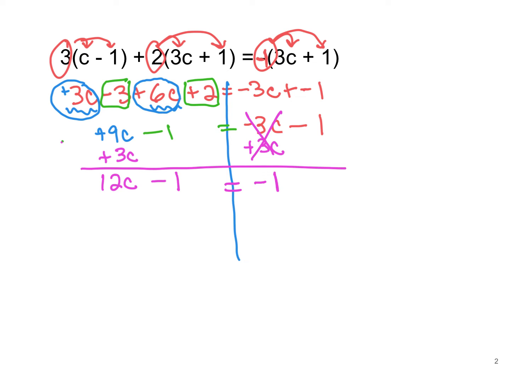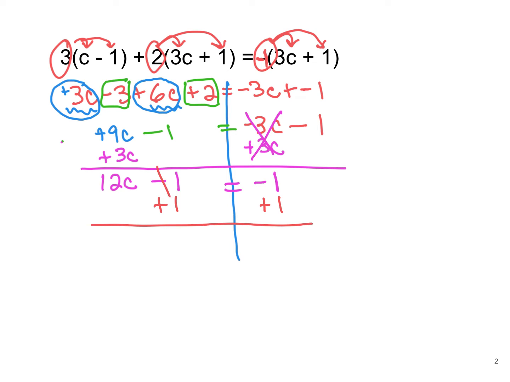So now, again, I want to figure out who wants to be where. Who wants to be with the negative 1? Is it negative 1 or is it 12c? It is the negative 1. So I'm going to add 1 to both sides of the equation. Why?